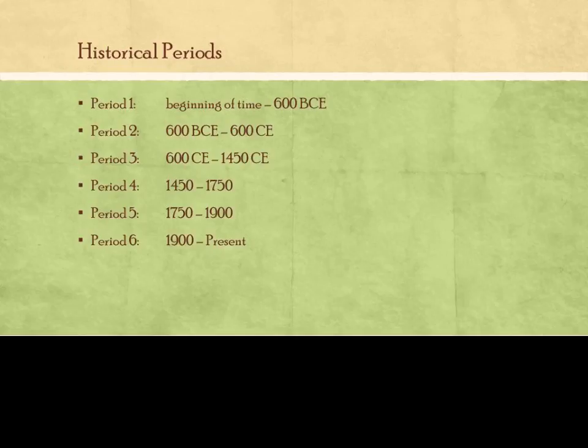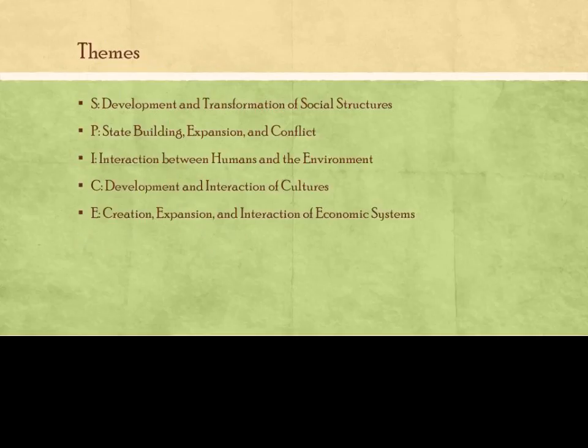Okay, so let's look at our themes again. These themes, remember, are present in all of the material and the content that we cover throughout the class. The development and transformation of social structures, state building, expansion, and conflict, that's your political. Interaction between humans and the environment, that's your intellectual.